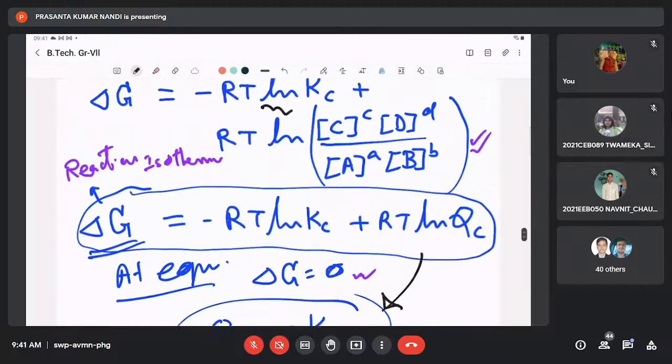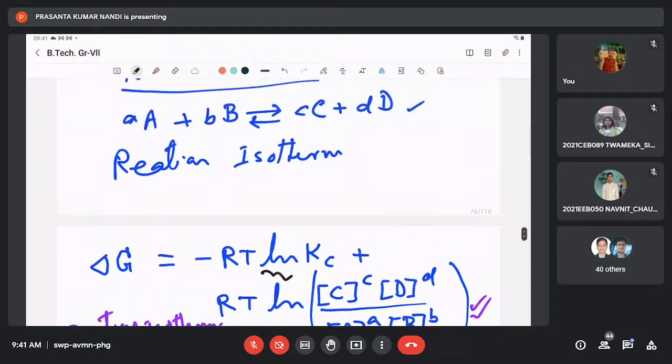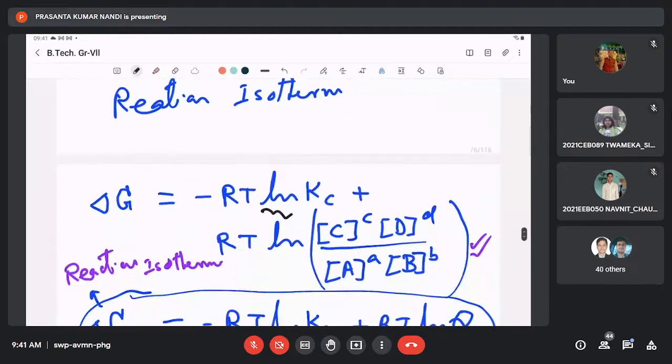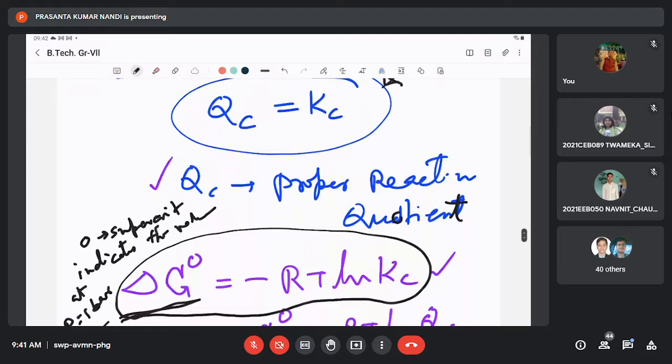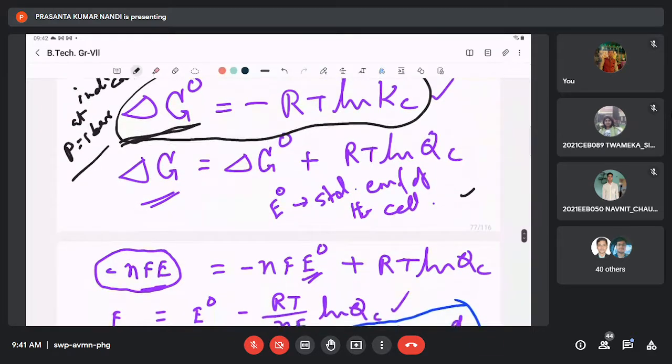The original expression, the reaction isotherm, I have written in this form, right? And this is another expression of the reaction isotherm, the Gibbs reaction isotherm, where E0 denotes the standard EMF of the cell.